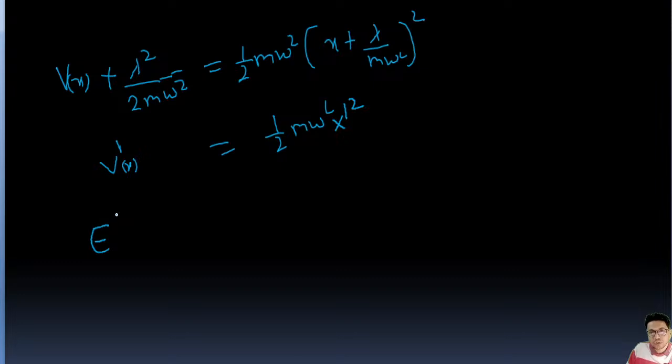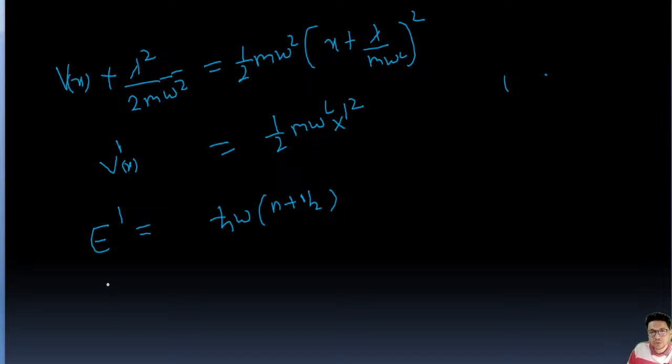So the energy E dash is going to be h cut omega into n plus half, right? Because if any term is in this form, v equal to half m omega square x square, in that case the energy we know is h cut omega n plus half, right? Now we'll put the value of E dash.